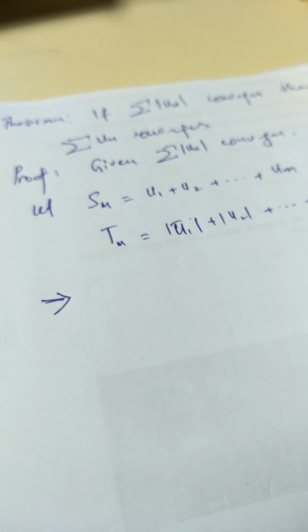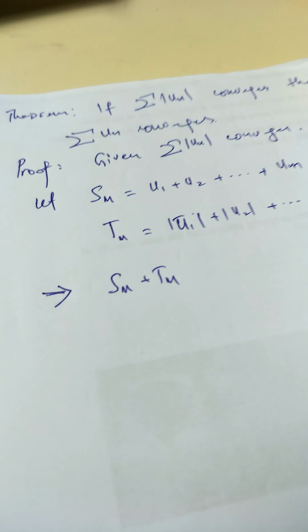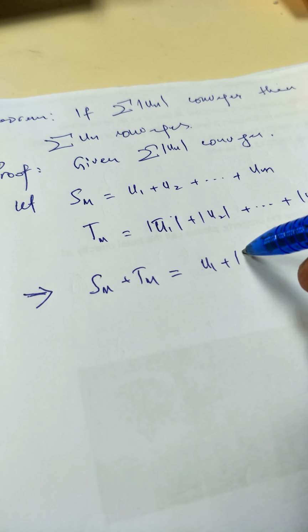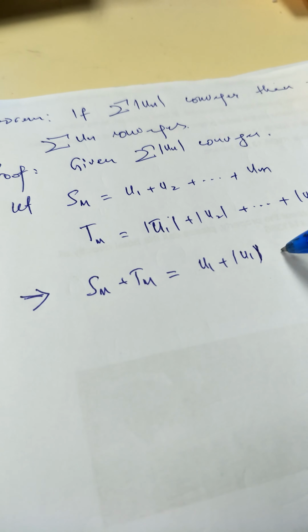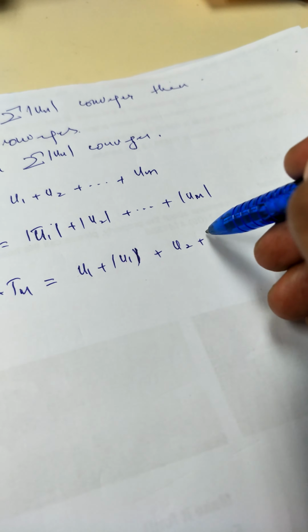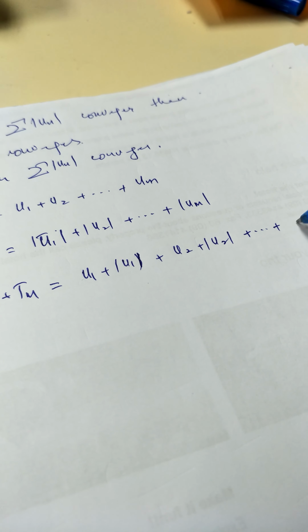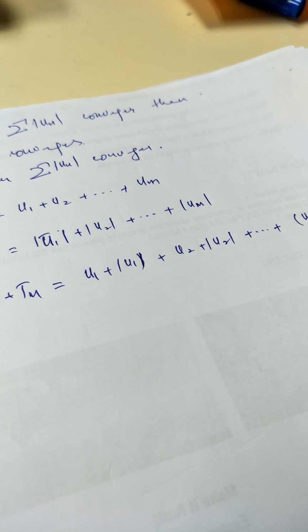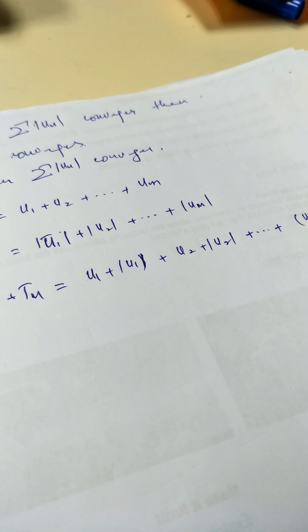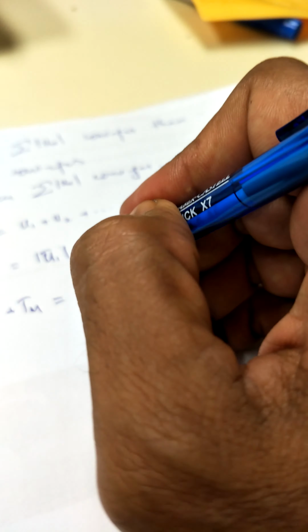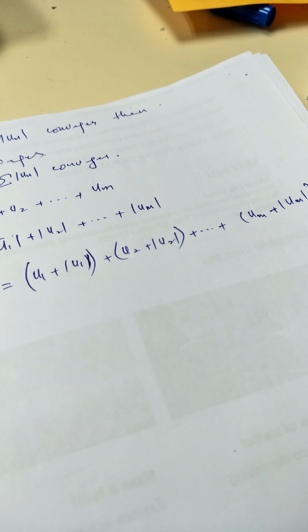If you add up those two partial sums, Sm plus Tm gives u1 plus absolute u1 plus u2 plus absolute u2 and so on, up to um plus absolute um.